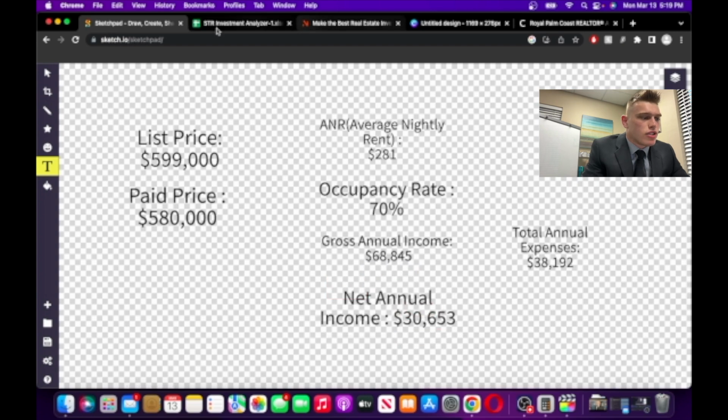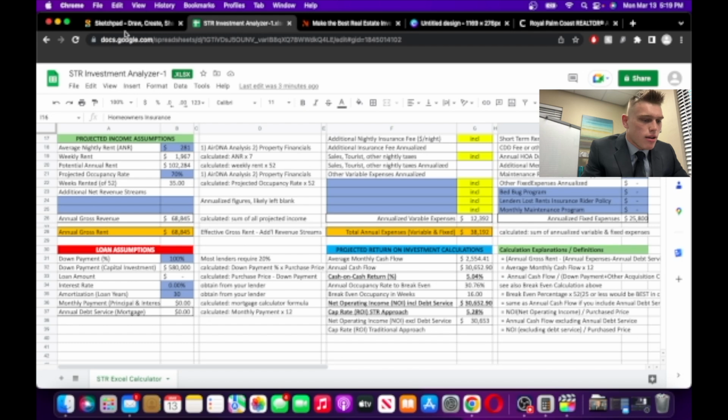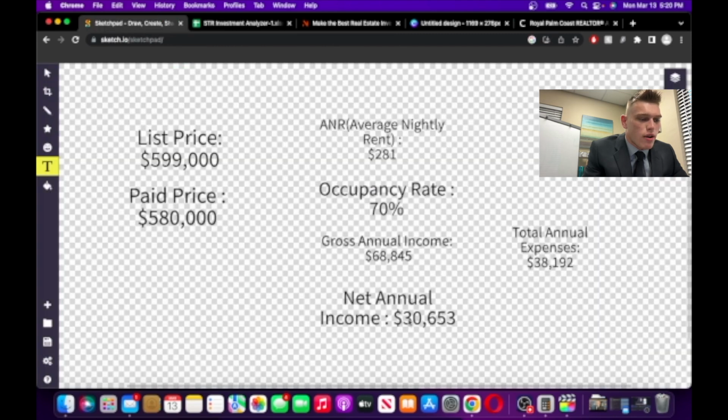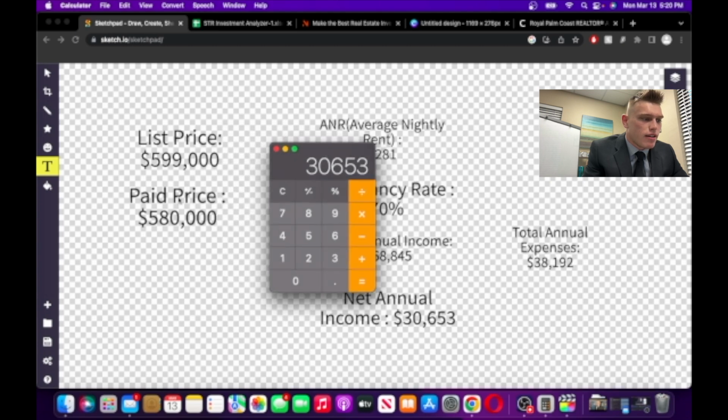Boom. And so then how to determine the cap rate, as you can see here, that number, the 30,652.9, which rounds up to the 30,653. This property is projecting about a 5% cap rate. To determine that, we take the net annual income and divide it by the paid price. So we're going to divide that by the 580,000.